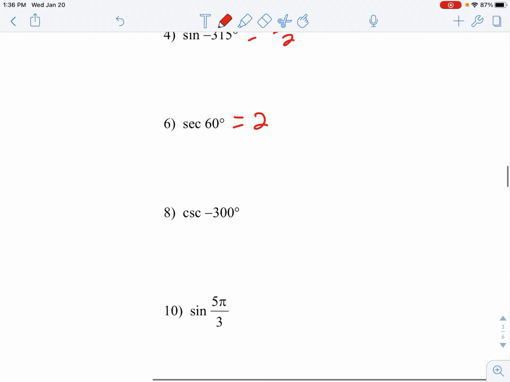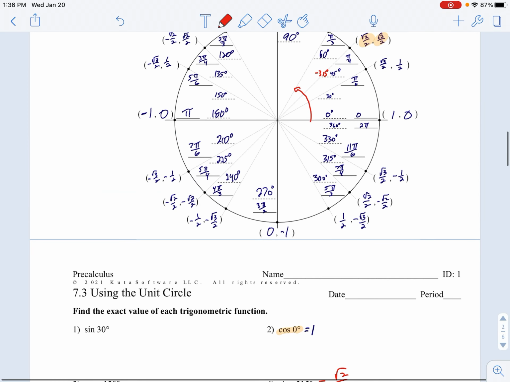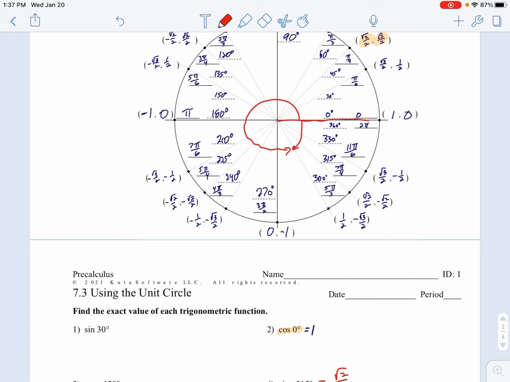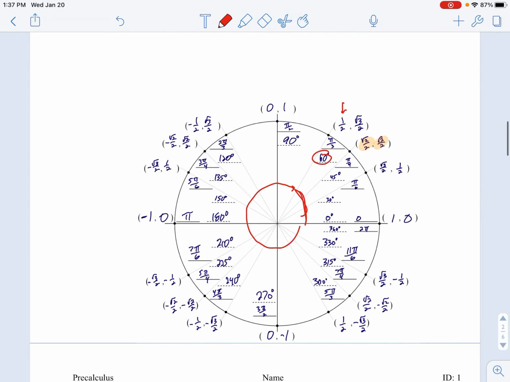Cosecant of negative 300. Okay, we have another negative angle. Positive 300 is right here, which is 60 degrees off of the x-axis. So negative 300 goes this way to where it's 60 degrees off the x-axis.